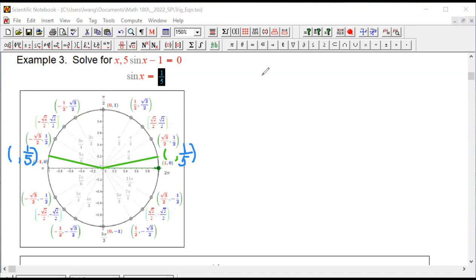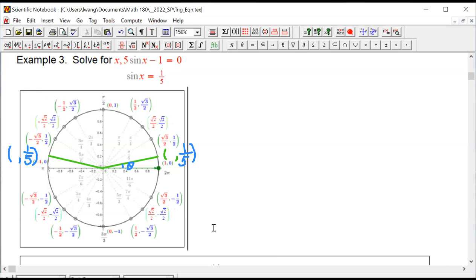The question is, how do we represent this angle? We call it theta. We don't need the red number, so I'm not marking it. How do we represent this angle? This is the time we get to use arc sine.